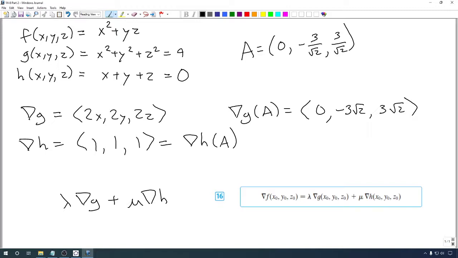Here we need the gradient of g and the gradient of h to not be 0, because we need our surfaces to actually be rather smooth, but we also need those gradients to not be parallel. So we have two different gradients and we need them to not be parallel, or else we're dealing with two constraint surfaces that are actually just tangent to each other. And that can cause a few issues. We're not going to look at any places where that's going to happen, but just be aware that there are some restrictions here. But let's just roll with it and see what happens.